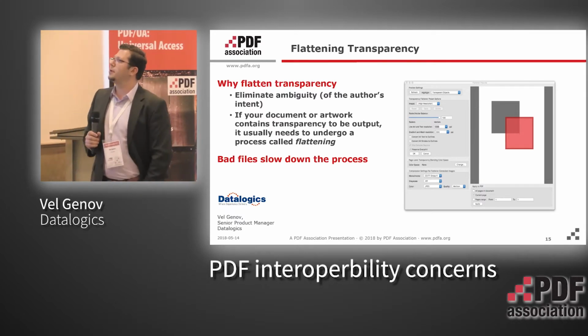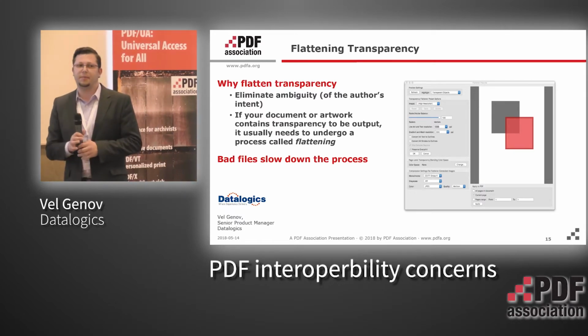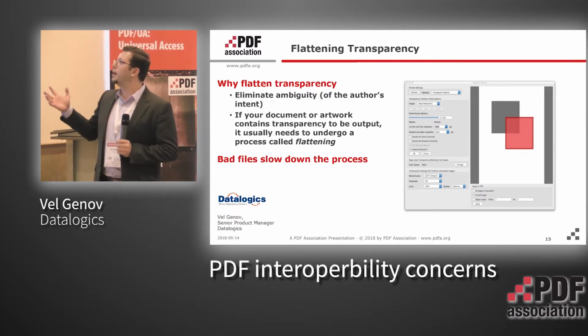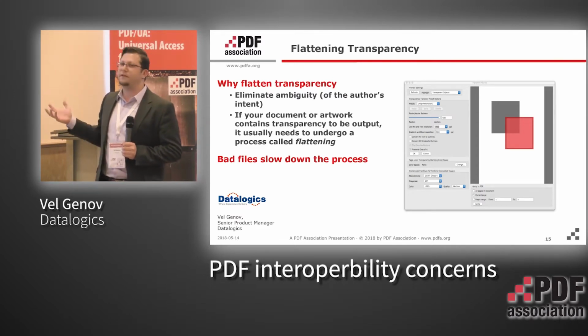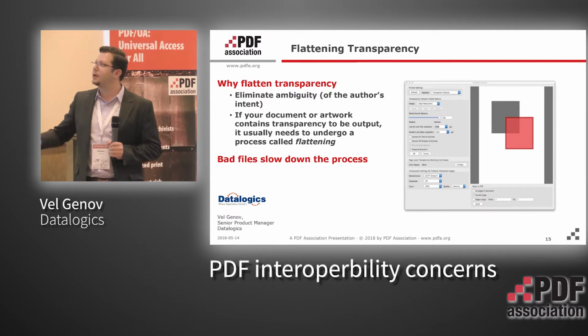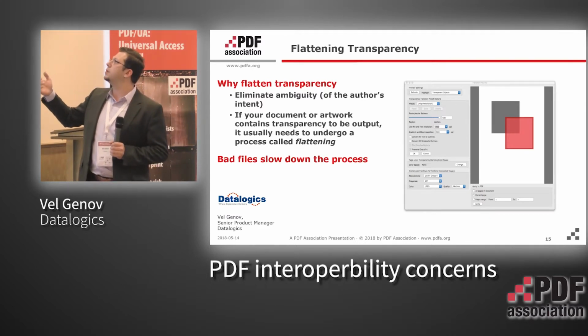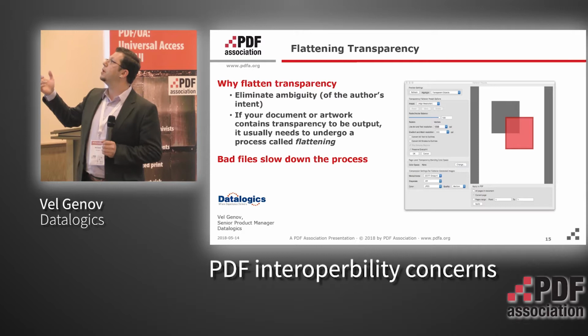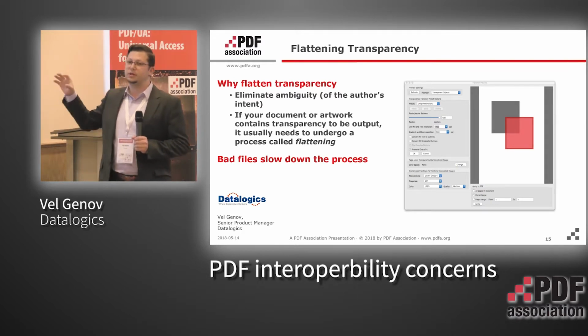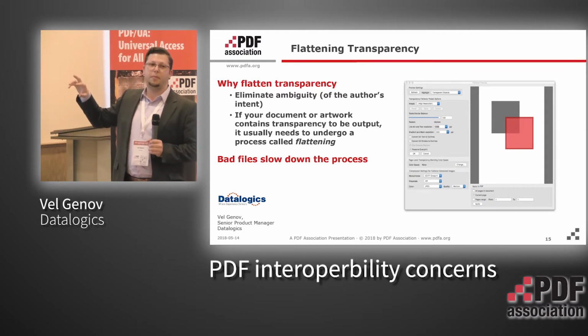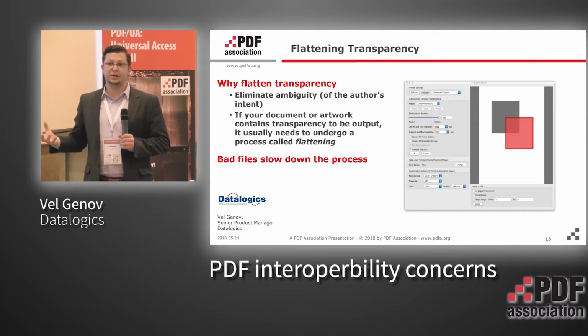So I'm going to talk to you about flattening transparency, and this is not only about flattening transparency, but actually how I check files manually for transparency. So this is a window in Acrobat Pro, and that's the flattener preview, and it's going to actually highlight the part of the document that's transparent. So that's actually pretty convenient.